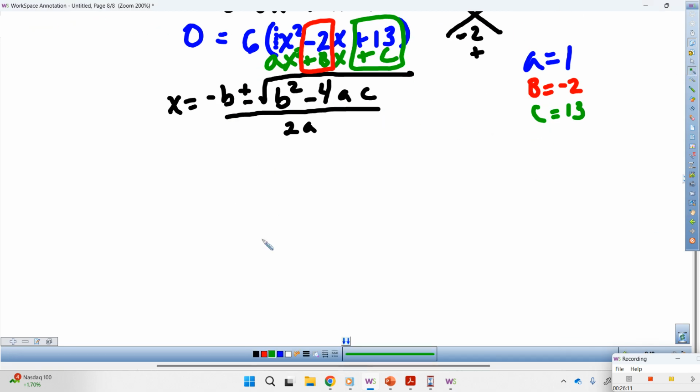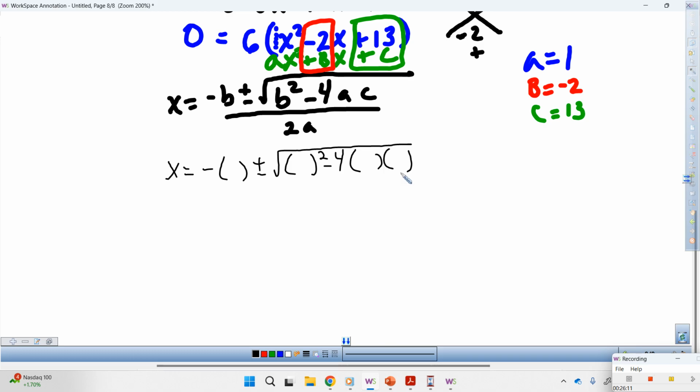Once we have that, substitute those in here. So x equals minus b plus minus square root b squared minus 4ac over 2a. A is 1, it goes here and here. B is negative 2, and c is 13.